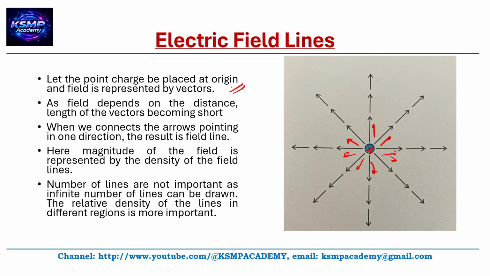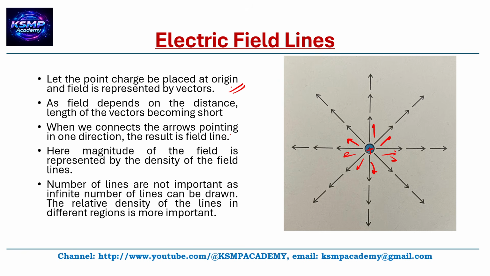These are representing basically the electric field. You can observe that as you move away from the positive charge Q, the length of these vectors is going to be smaller and smaller. That is, it is representing that the magnitude is decreasing.